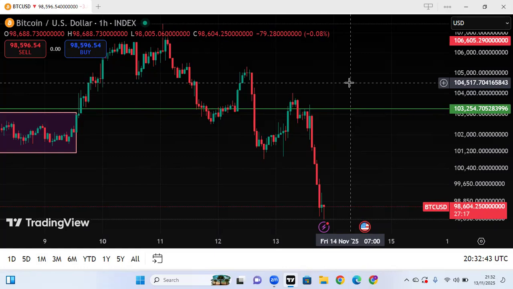Avoid trading during low liquidity time, Asian session, unless you are scalping. High impact news, and less experience. So now, what this place is talking about is that when you are trading during this time, Asian session, there is not much liquidity.